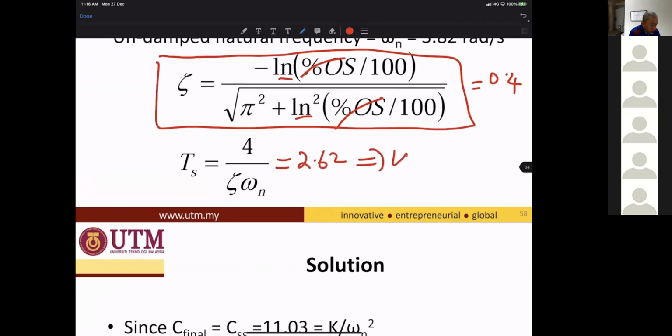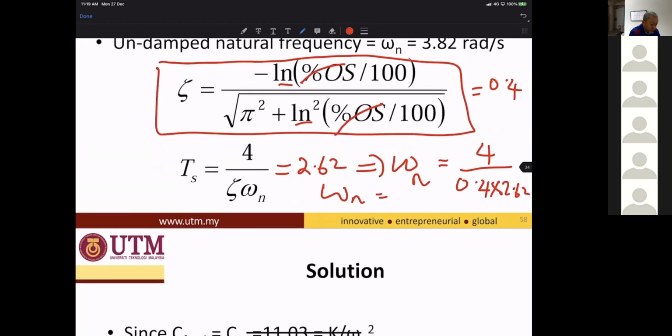So simplify for omega n, and you will get omega n equal to 3.82.